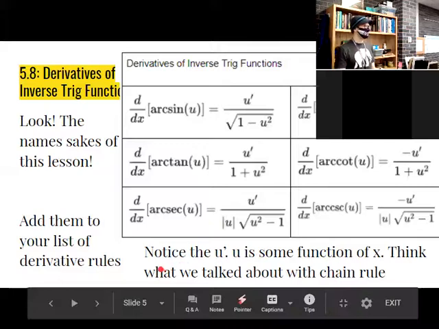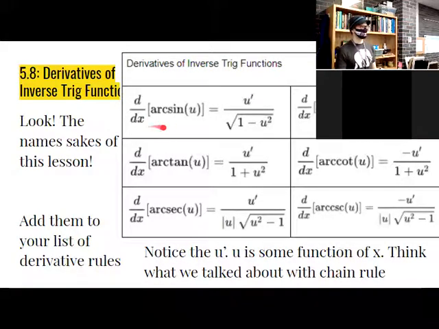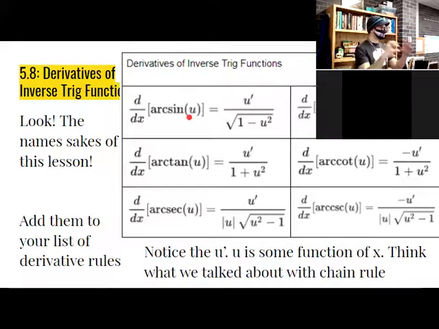Notice in each of these that we're taking the derivative with respect to x of a function in terms of u. Again, we're thinking in terms of chain rule, that there's some interior function we have to deal with. So u prime is the derivative of that. You could, in theory, replace u prime with du over dx, but that feels a little more unnecessary.